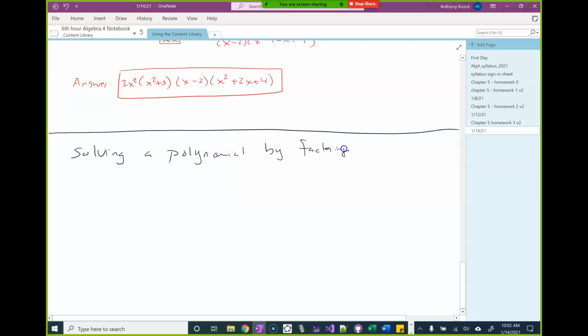So the main tool that we're going to be using here is, once again, the zero product property that states if a times b is equal to 0, then a equals 0 or b equals 0.